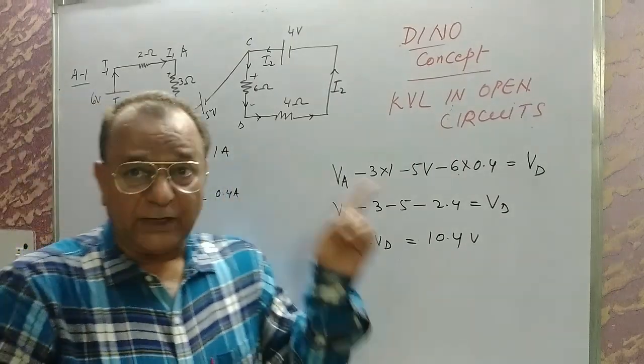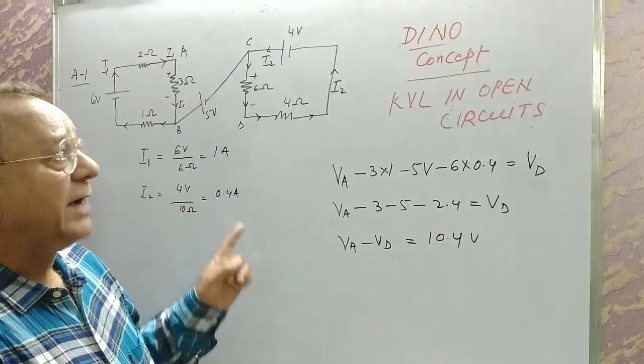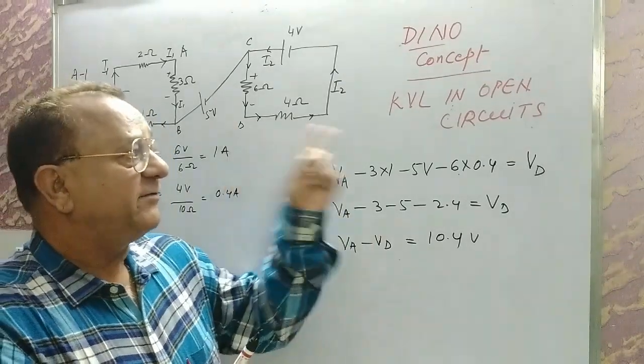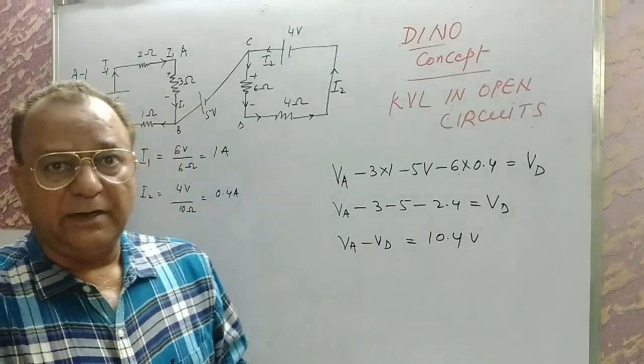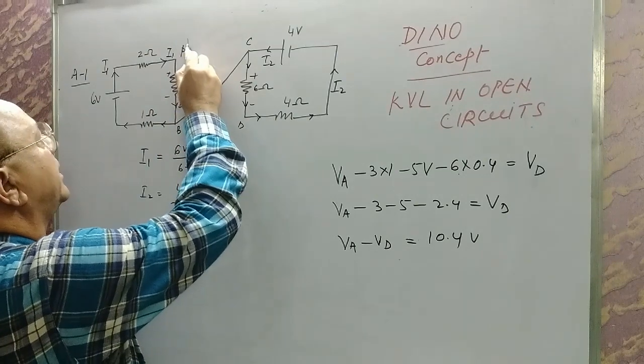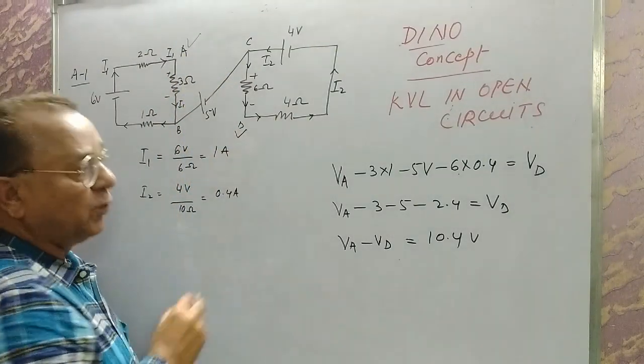Now what I'm going to tell you is very important. You have studied KVL in closed circuits, but KVL is equally applicable to open circuits. Like this, in this question, he has asked the voltage between A and D. What do we do?